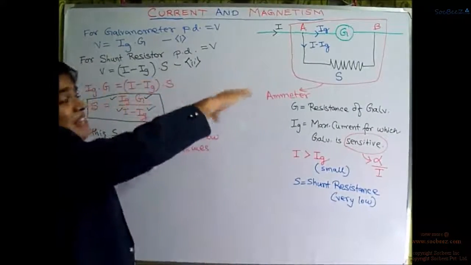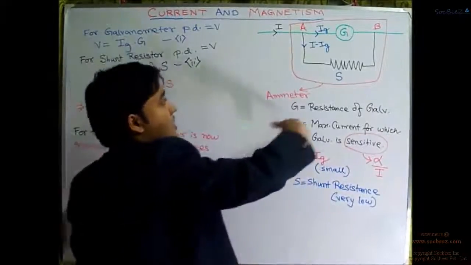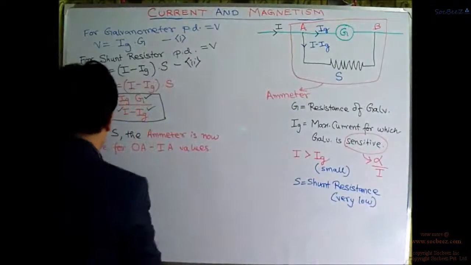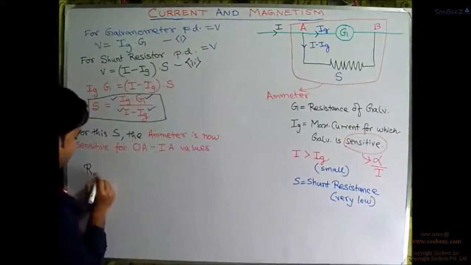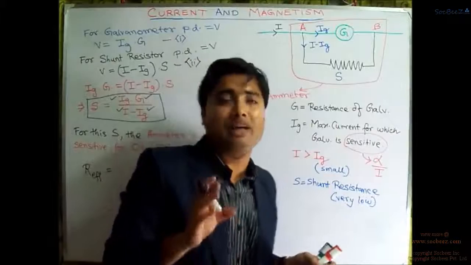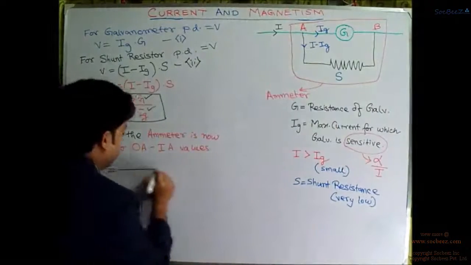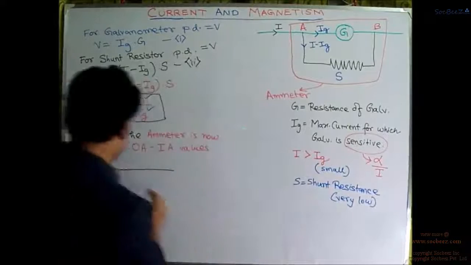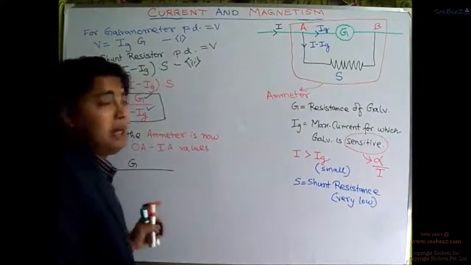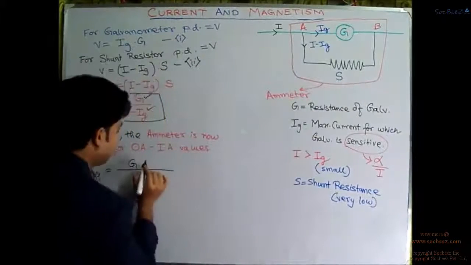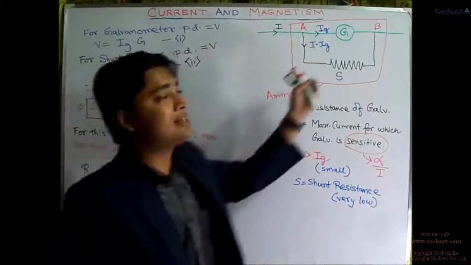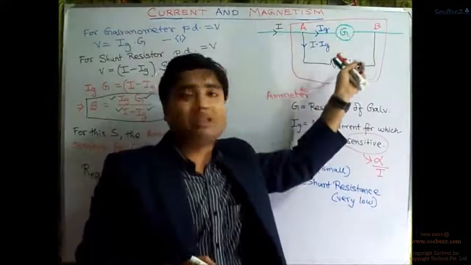And since this is a parallel combination, as we could see in this ammeter, we can say that the effective resistance of the total apparatus made of this ammeter will simply be G, the resistance of the galvanometer, multiplied by the shunt resistance S, divided by G plus S, as this is a parallel combination of two resistances.